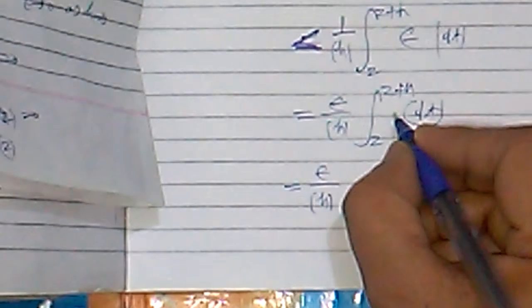So we use the equal sign, and the integration of 1 with respect to t is t with limits z to z plus h. Here we put the upper and lower limits and we get z plus h minus z.